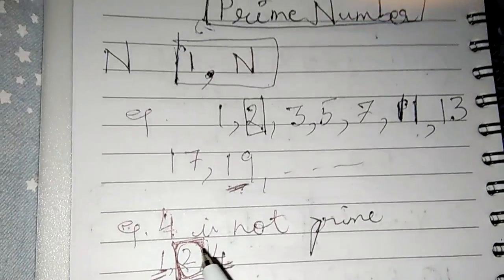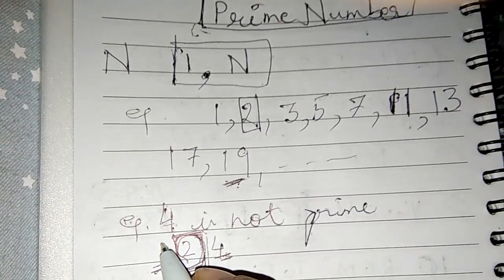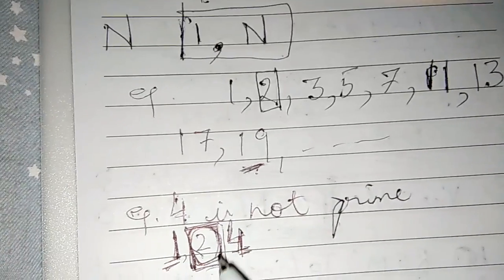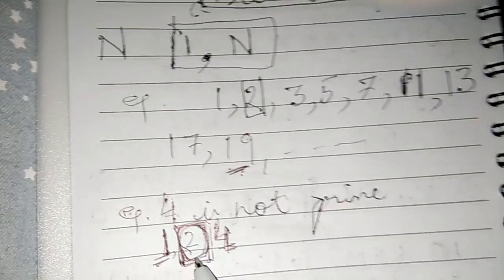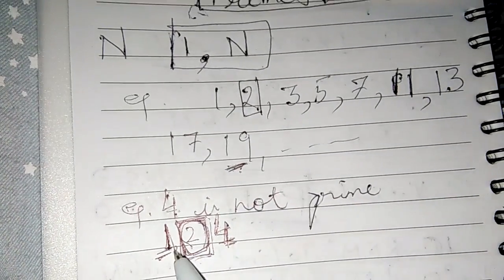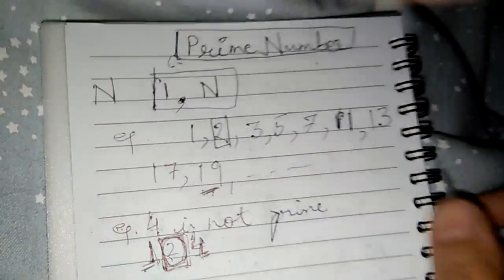So if the number is divisible by any other number other than 1 and itself, then it is not prime. And if it is not divisible by any other number other than 1 and itself, then it is a prime number.